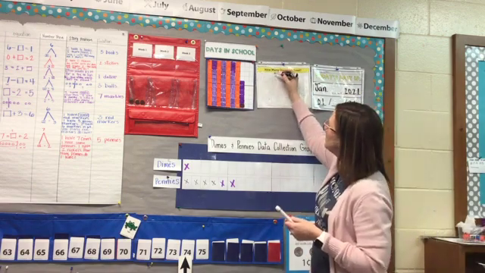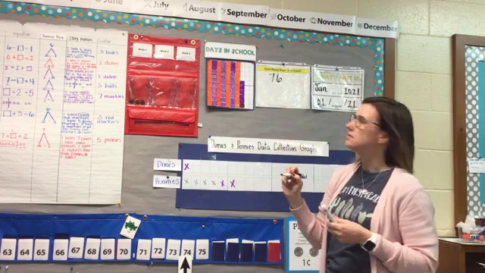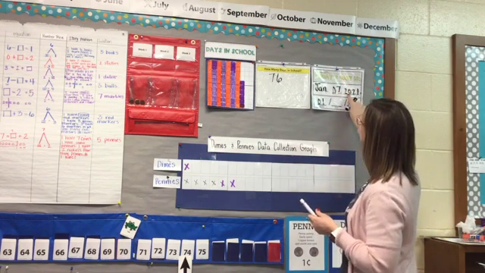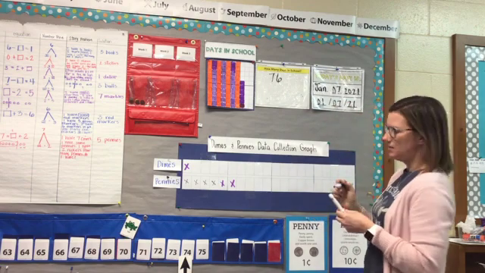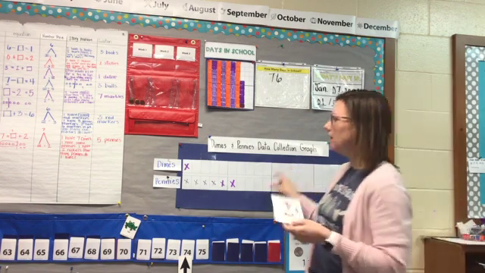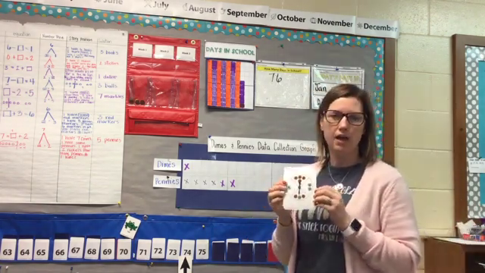Okay, 76 is 7 groups of 10 and 6 ones. Okay, today is January 7th, 2021, 1-7-21.